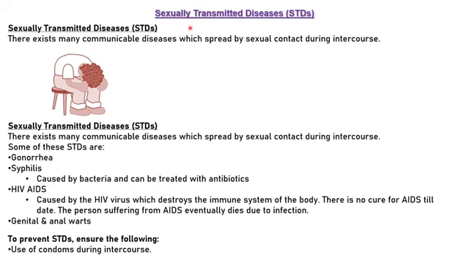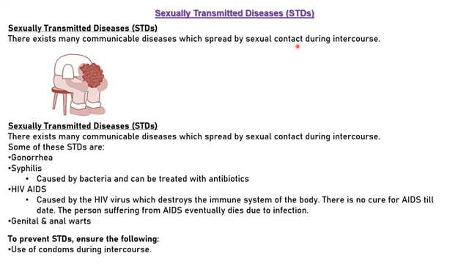Now coming to sexually transmitted diseases under reproductive health, you should know the different types of sexually transmitted diseases, in short STDs, right? There exist many communicable diseases which spread by sexual contact during intercourse.